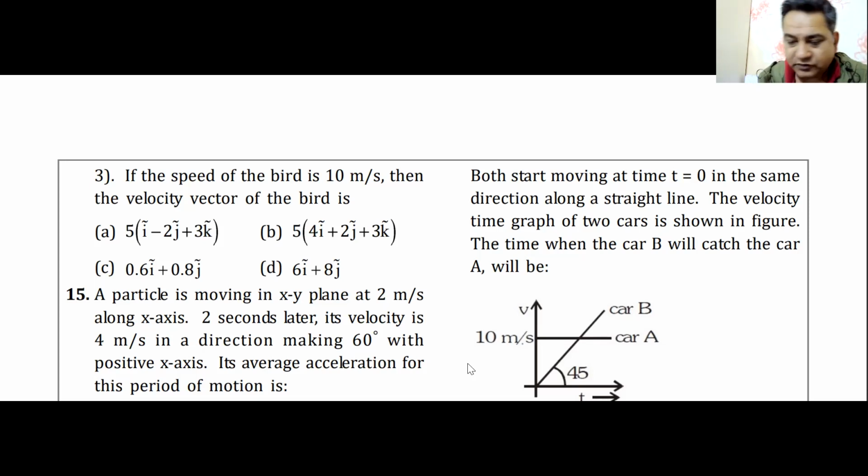That was the thing that you should have understood. You have to find the unit vector in the direction of that vector, multiply it with the speed, and you will get the velocity of the particle. Is it clear to everyone? That's how that question should have been done. A simple conceptual question involving the concept of unit vectors.